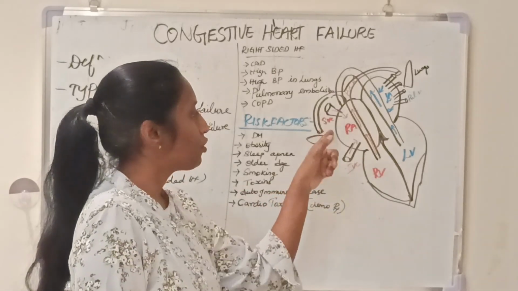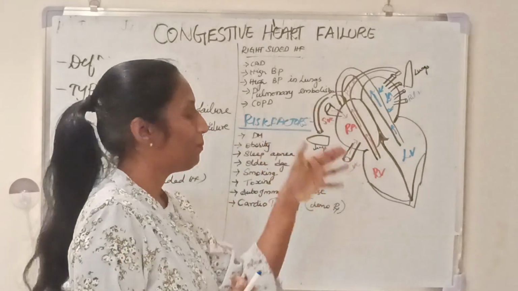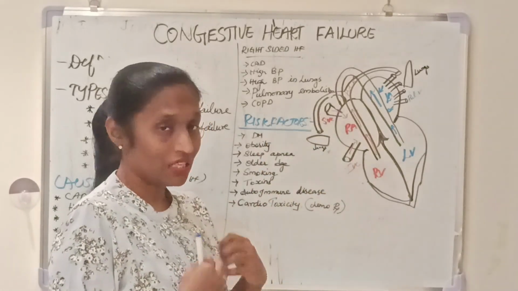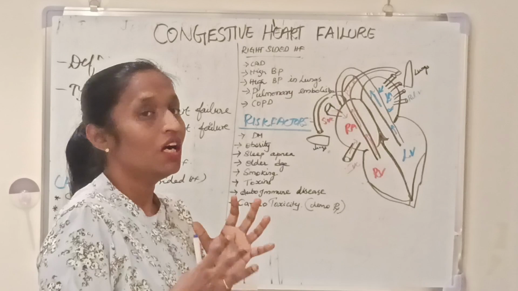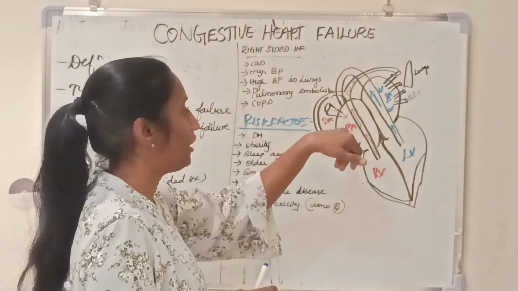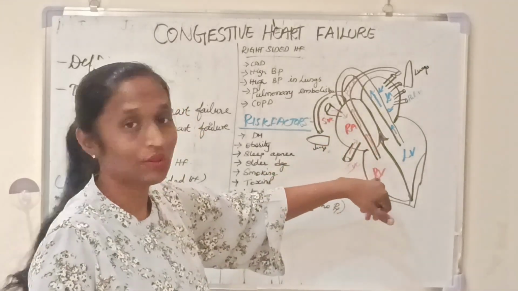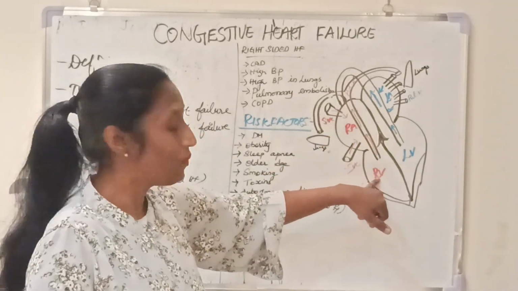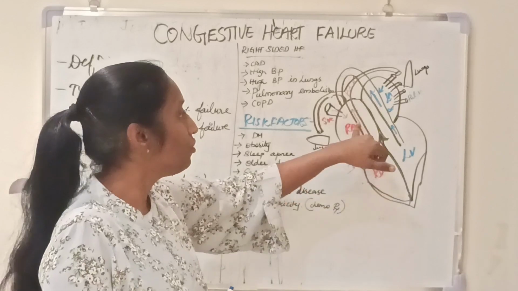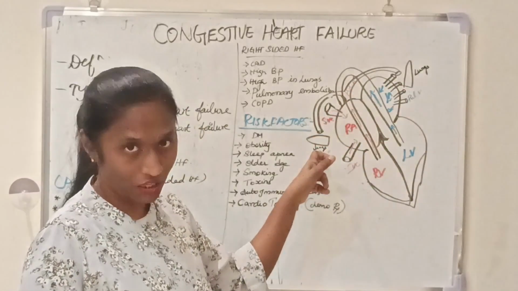On the right side, from the superior vena cava and inferior vena cava, from the upper and lower parts of the body, it receives the deoxygenated blood for purification. It enters the right atrium, then the right ventricle of the heart, and then through the pulmonary artery it goes to the lungs for purification.